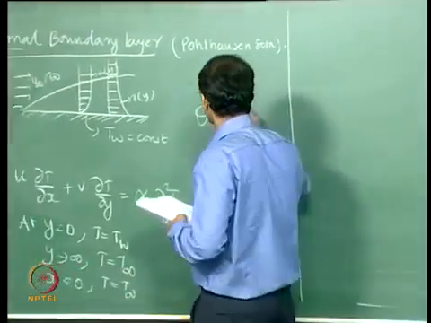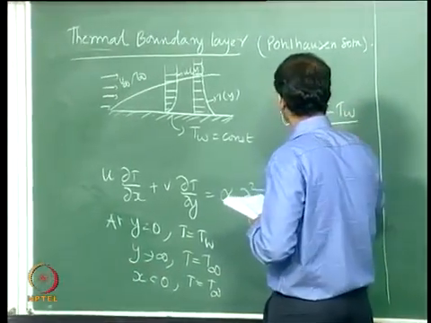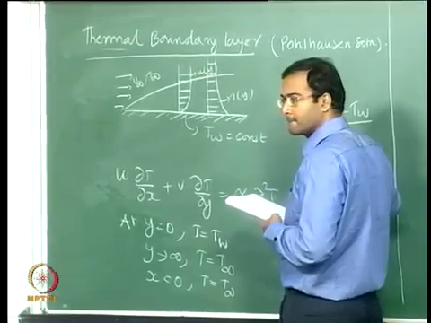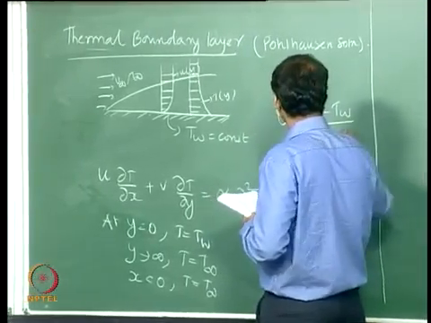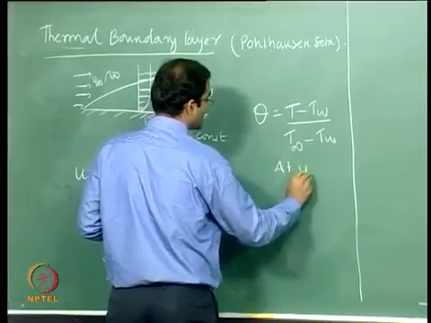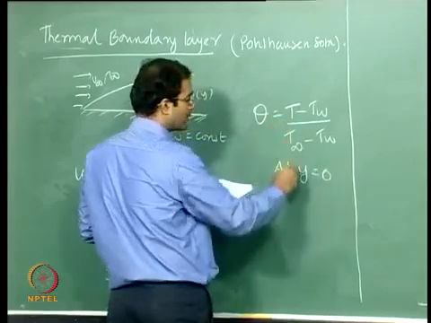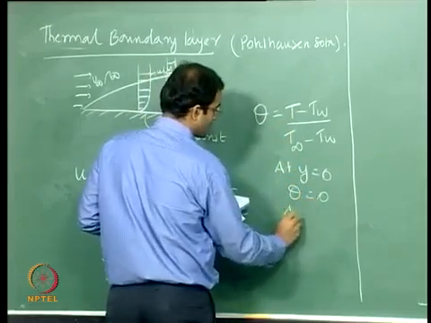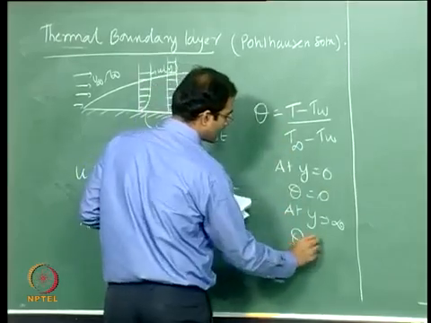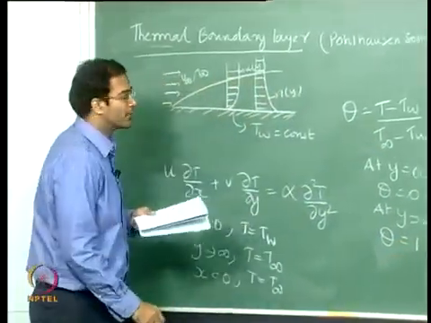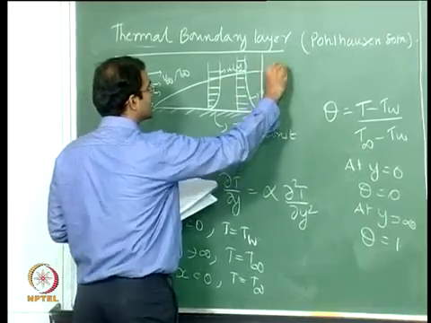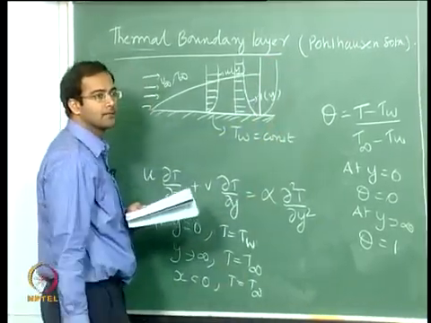T minus T wall, divided by what? Okay, T infinity minus T wall. So that at y equal to 0, my T equals T wall and theta equals 0, and as y goes to infinity, my T goes to T infinity and theta goes to 1. If you plot theta, you will get exactly a profile like this, right?